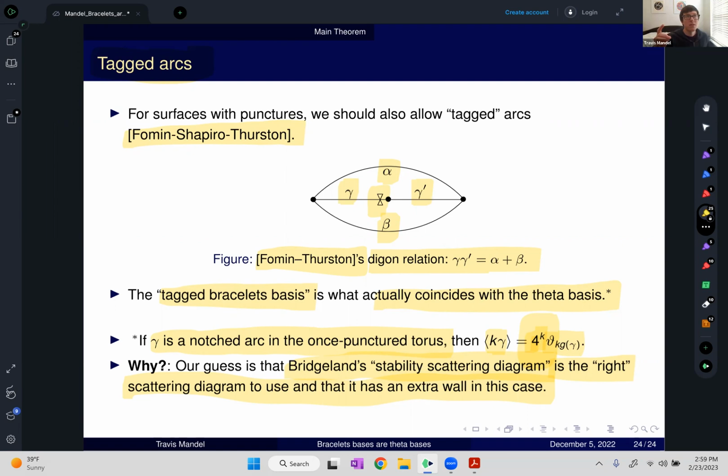If you Dehn twist by a loop many times, in the limit, you get closer and closer to the vector that corresponds to the theta function that's supposed to correspond to that loop. So sometimes with our scattering diagram, we want to be in a certain kind of far off chamber, and we use this mapping class group stuff to get into the chambers we want to be in.